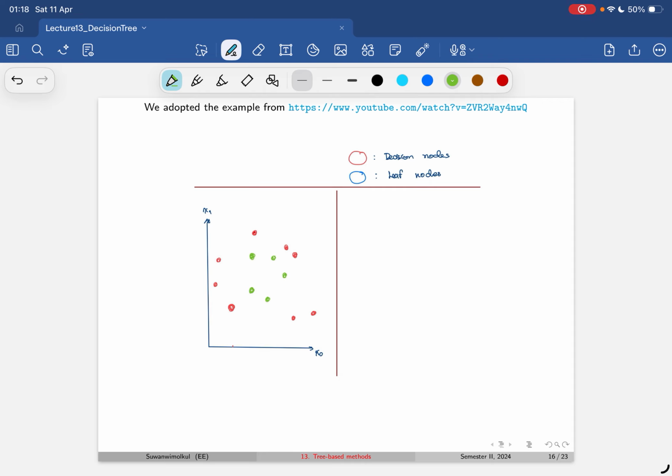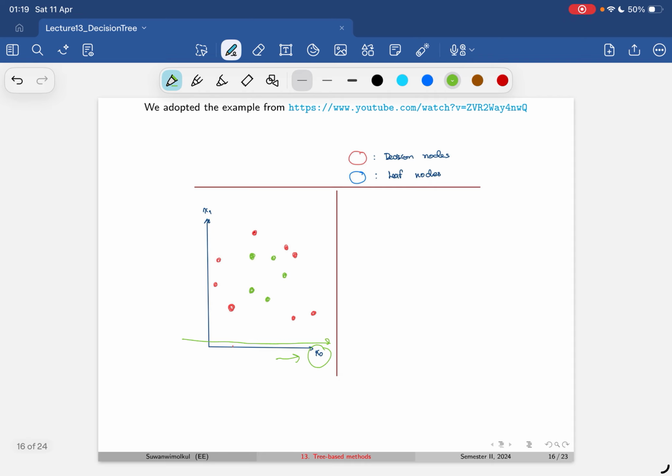Okay, so at first, let's say if we want to do the splitting along x0, this is algorithmic wise, right? So we just browse through this direction and we'll see, okay, at which value of x0 will I have the splitting that gives me a group of data samples that are in the same class?